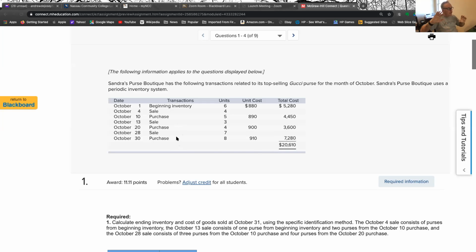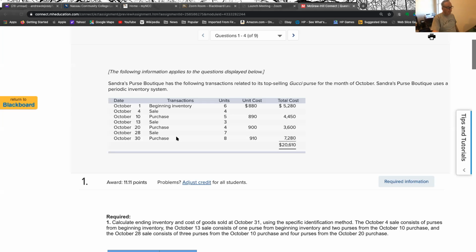You don't buy all your inventory one day and then sell it all the next. You buy your inventory, you put it on the shelves, customers come in, some buy it, some just look at it and walk away. As the stock begins to diminish, you go out and buy more. If you've worked in a retail store, you have an idea of how that works.